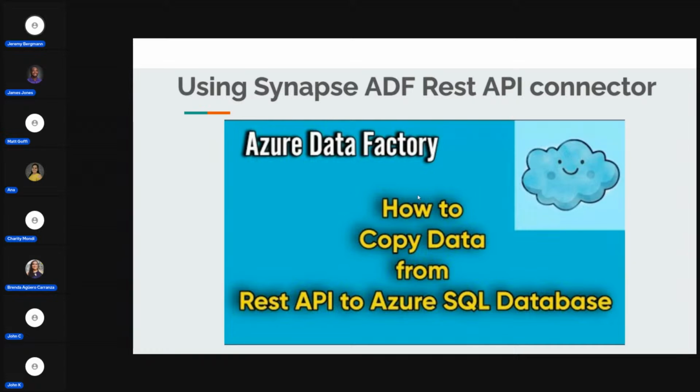So this is exactly what it'll end up being: taking the copy data activity in, this is Azure Data Factory, but we'll do it in Synapse Analytics, connecting to a REST API and loading it into Azure SQL database.